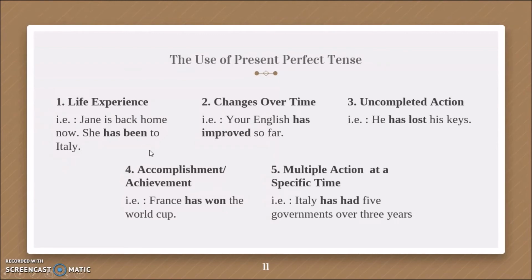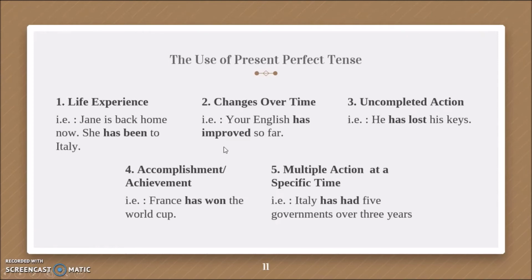Simple present perfect tense also can be used for changes over time. For example, your English has improved so far. As I said in the first, simple present perfect is used for uncompleted action. For example, he has lost his keys. It means he hasn't found his keys yet.